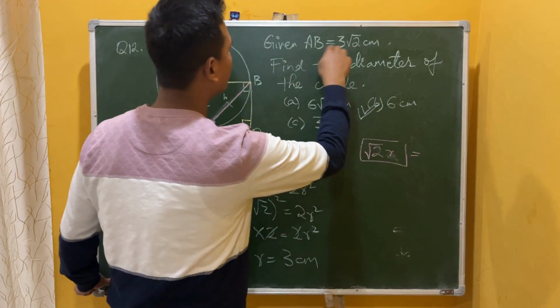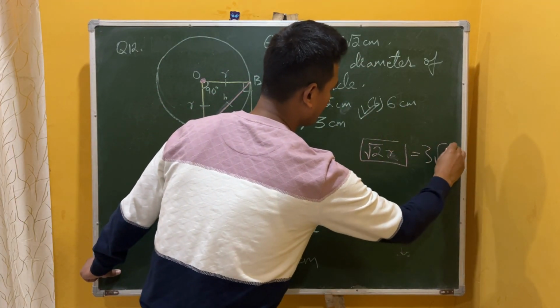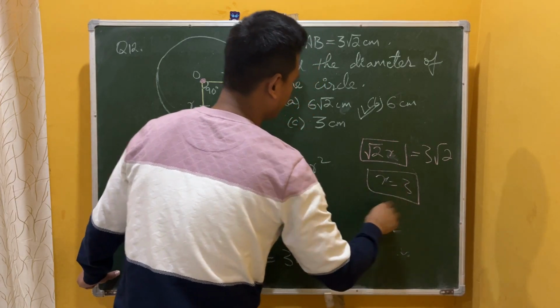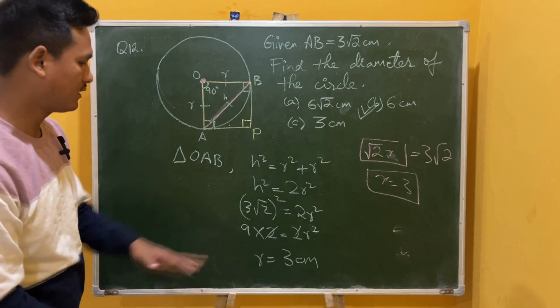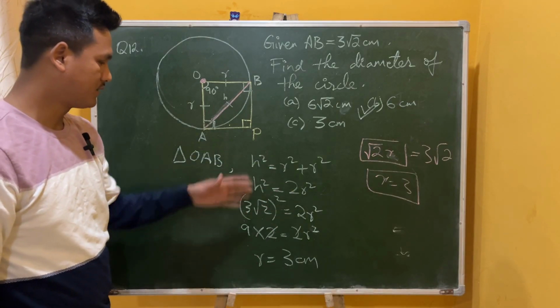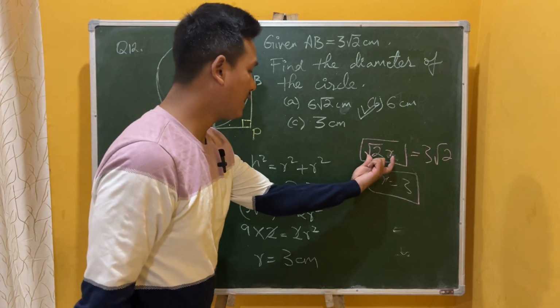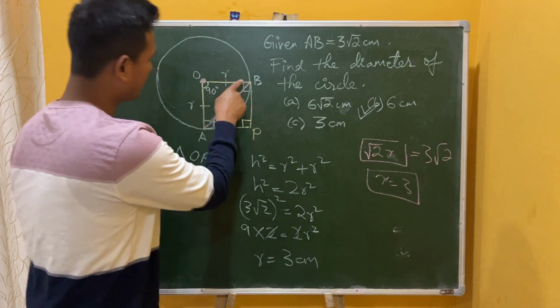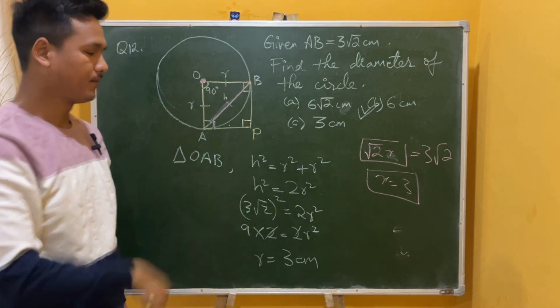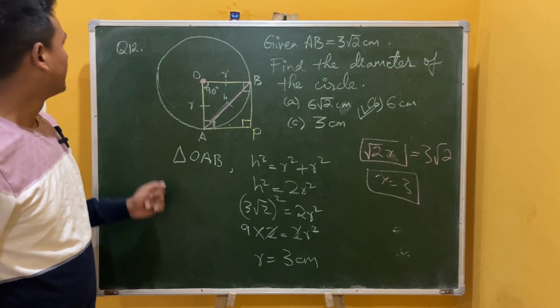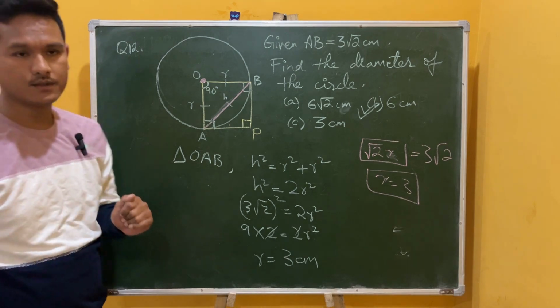If you equate this with 3 root 2, r is straight away 3. So diameter is 6. That way also you need not calculate by using Pythagoras theorem, although the value of diameter equals root 2 r is also given by the Pythagoras theorem only. So I guess you understood. Let's move on to another question.